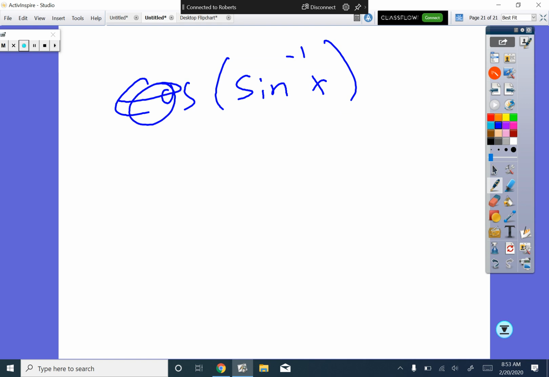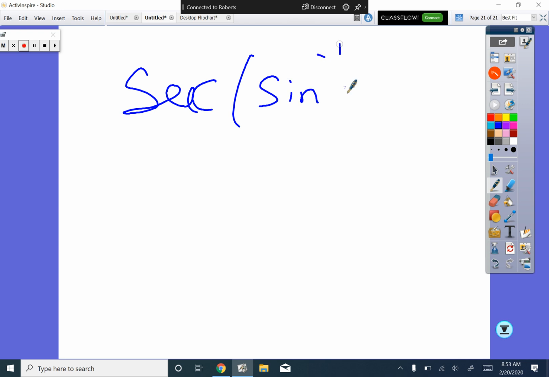Can we change this to a secant? Okay. What does that tell us? An angle. I want to get that in your head. Anytime you see an inverse whatever, that is an angle, right?